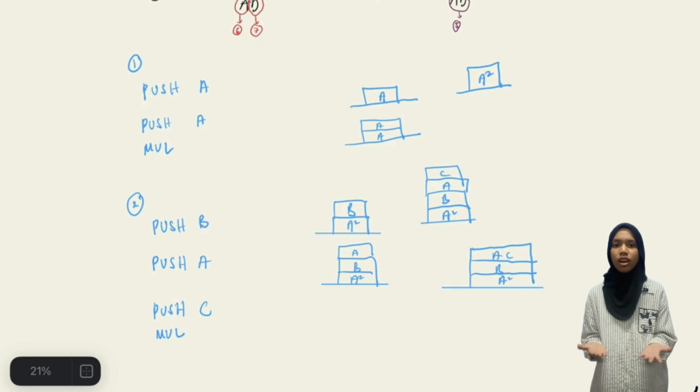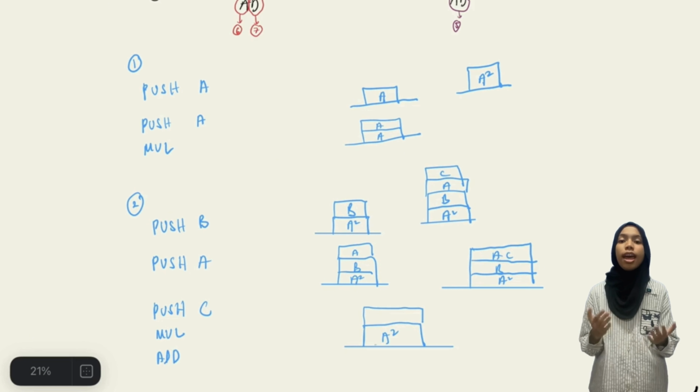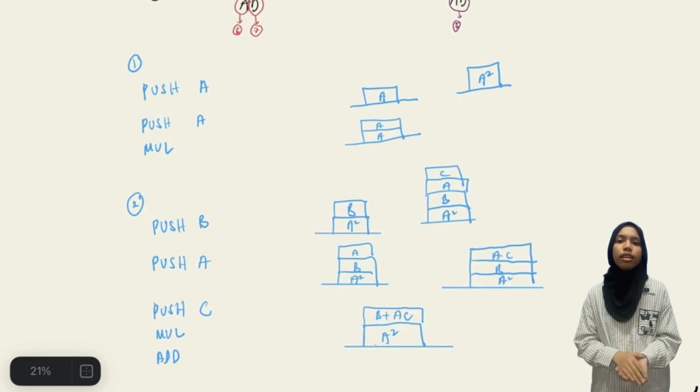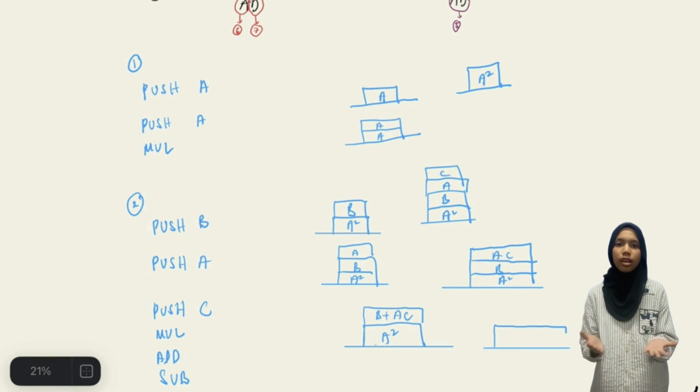Since C is on the top and A is second from the top, the operation is A times C. Next, perform ADD. This adds B to the result of A times C because the top two values on the stack are now B and A times C. Then perform SUB. We subtract B plus A times C from A times A.